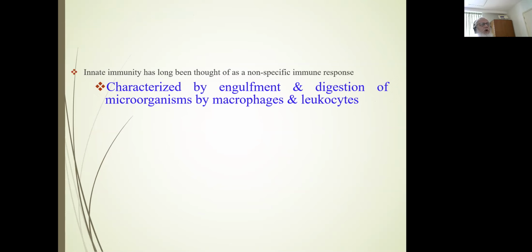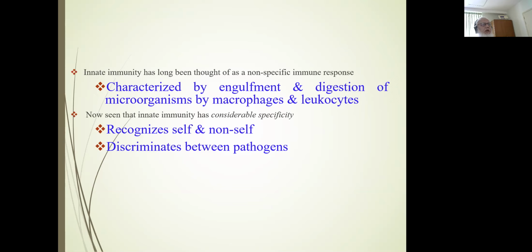Innate immunity has long been thought of as a non-specific immune response, characterized by engulfment and digestion of microorganisms by macrophages and leukocytes, just non-specifically. Now we see that innate immunity also has considerable specificity, of course much less than acquired immunity.